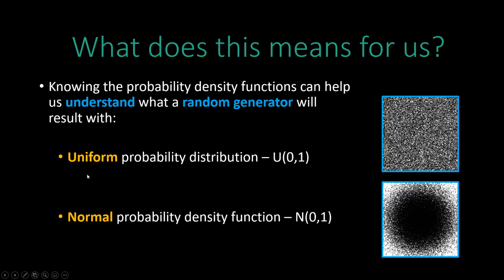So if we have a random generator which is working with uniform probability distribution, then we would be getting something like this. So this is basically some white noise. The probability of all the samples being either white or black is the same everywhere, regardless of the position in the plot. Whereas a normal probability distribution function, if we used that as a generator, we would be getting numbers around the mean of this, right?